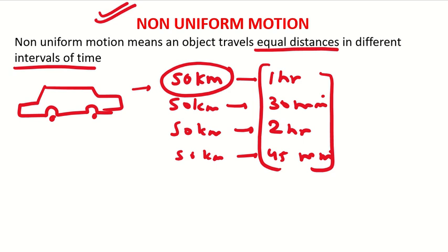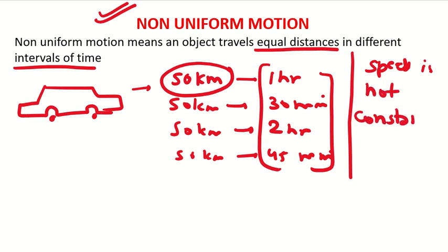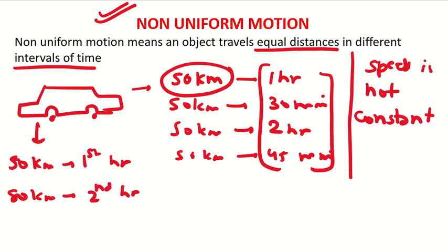To travel the same amount of distance, the time taken is different, or I can say the speed is not constant, right? Or in other words, for example, if I notice the distance traveled by the car in every hour, what you will observe is that it travels 50 kilometer in the first hour, 80 kilometer in the second hour, 90 kilometer in the third hour.